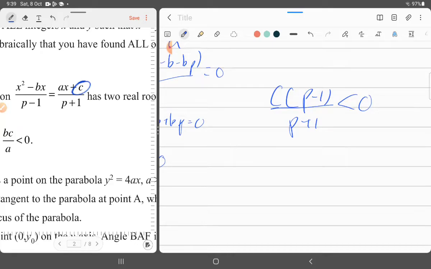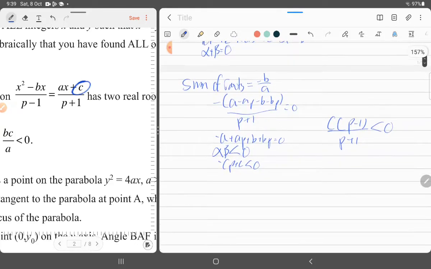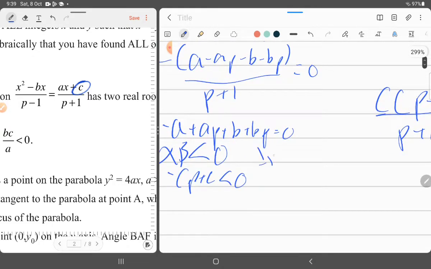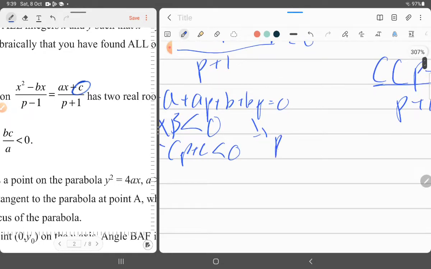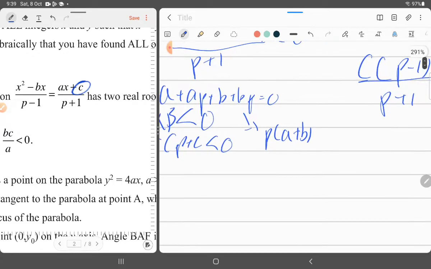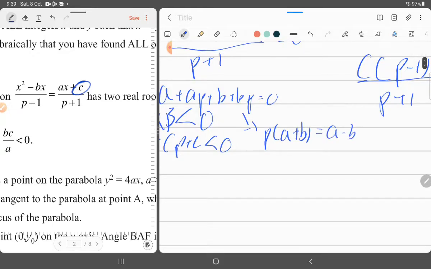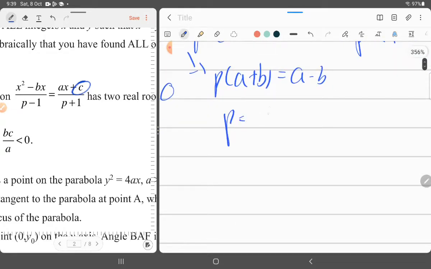Okay, so from this equation we can pull out p brackets a plus b equals a take away b. So p is equal to a take away b over a plus b.